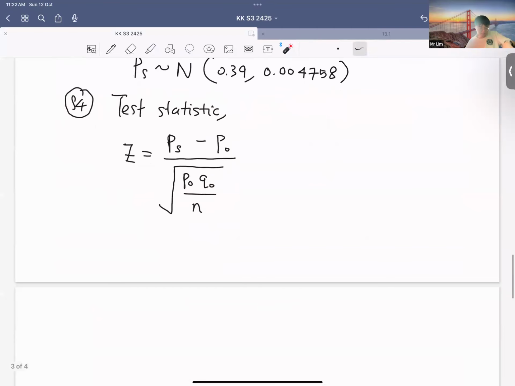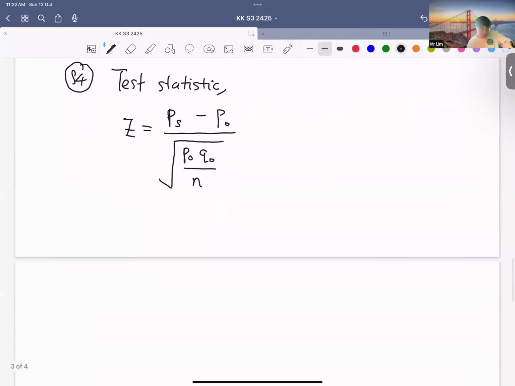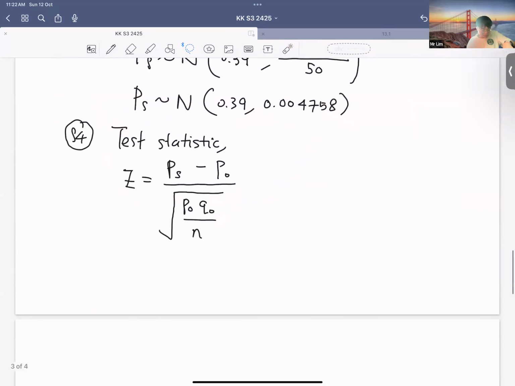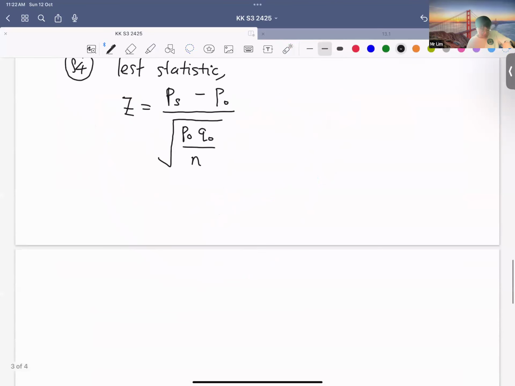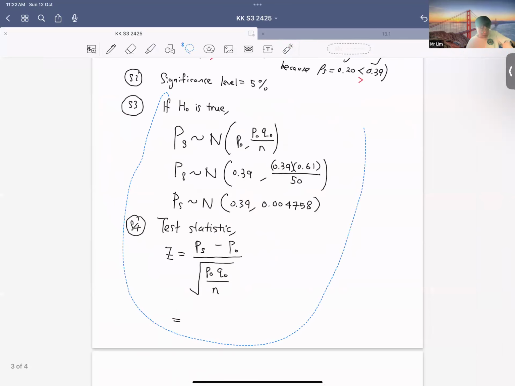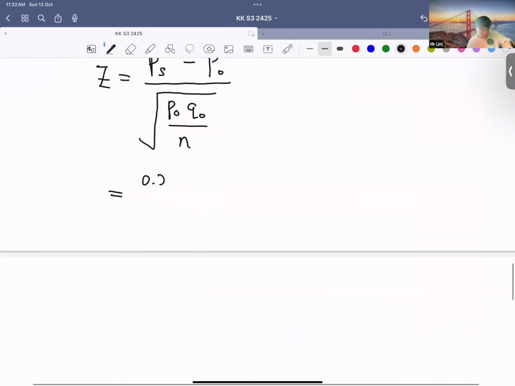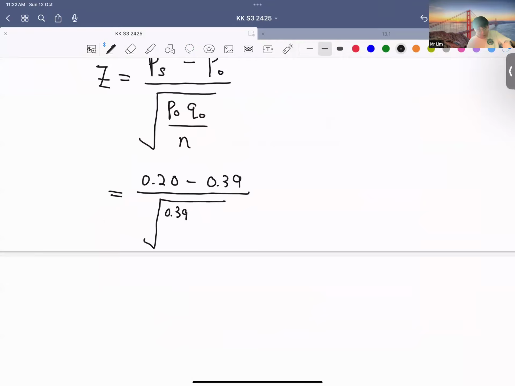Go ahead. So your next step, you can either substitute exactly like how I'm going to do now. My PS is 0.20, minus my P naught, which is 0.39, divided by the square root of 0.39 times 0.61 divided by 50.